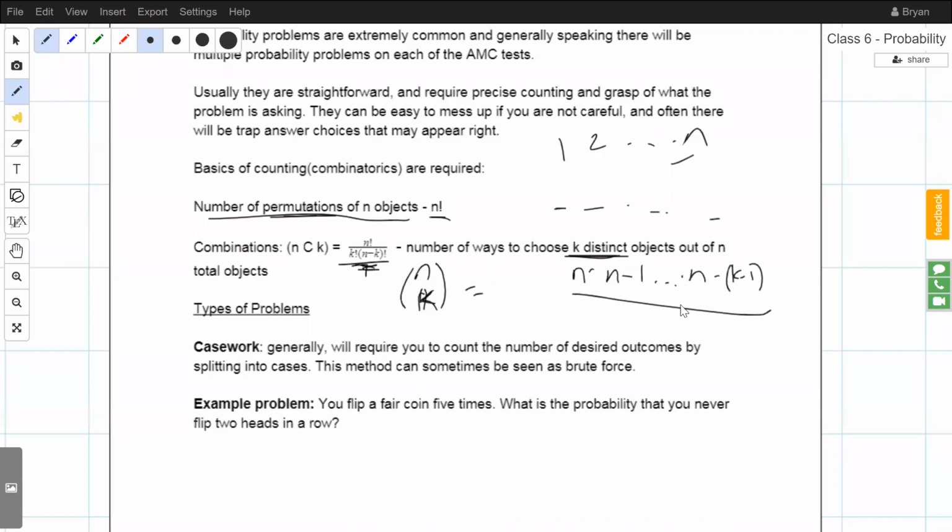But then we have to divide by k factorial, because we can take all these objects out in different orders and they'd still refer to the same group of distinct objects. So this top part is n factorial over n minus k factorial, and this bottom part is k factorial. When we divide, we're just left with this.